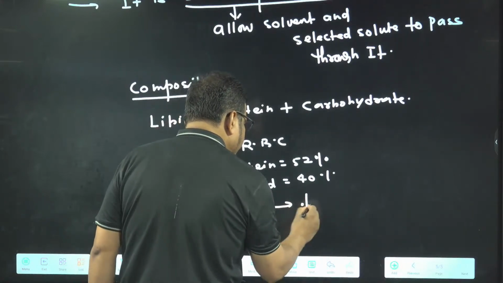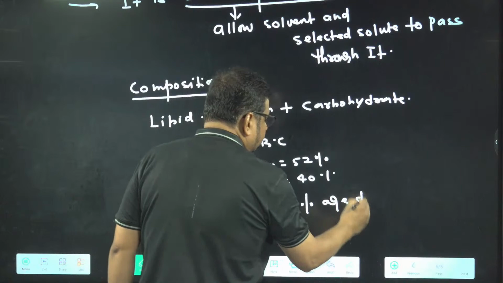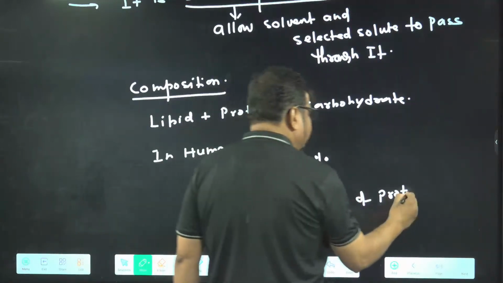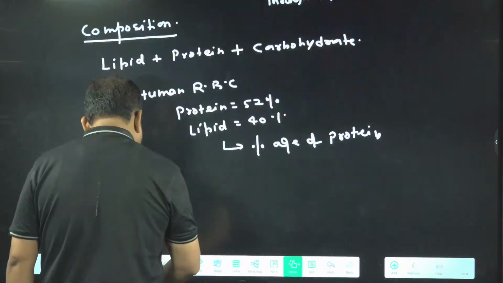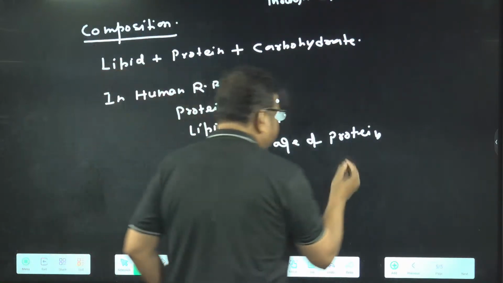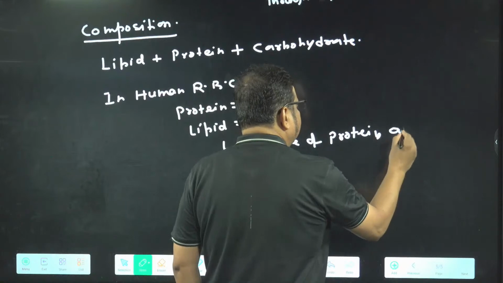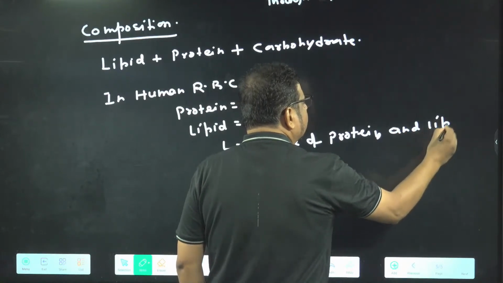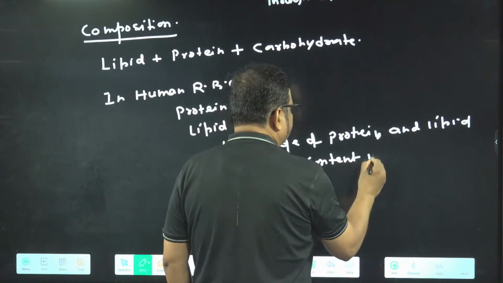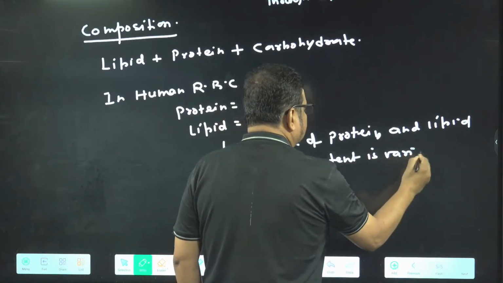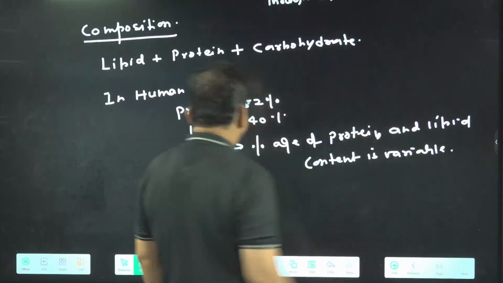So the percentage of protein and lipid is variable in different plasma membranes. It is not fixed data. This data is applicable for mammalian RBC, human RBC. Protein and lipid content is variable in the plasma membrane.